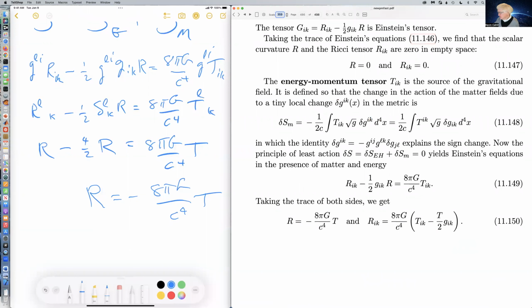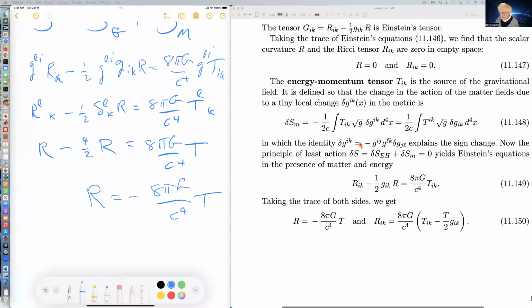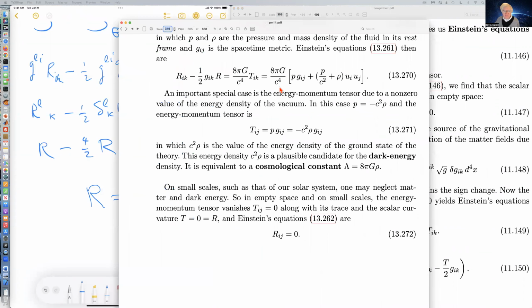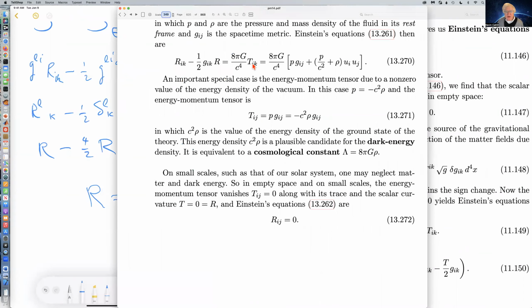So as I said, these then are the equations for cosmology, and the way they're often used in practical cosmology is one says, well, this T_{IK} is a perfect fluid, and so it's a pressure term times the metric plus the pressure over c squared plus the mass density times these u's, which are dx^i/d tau, so they are velocities of the fluid.